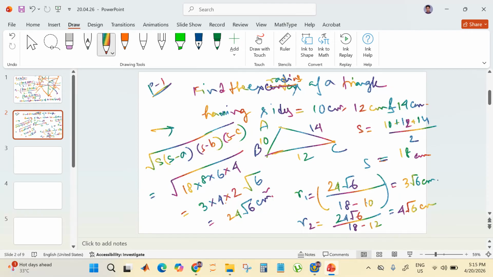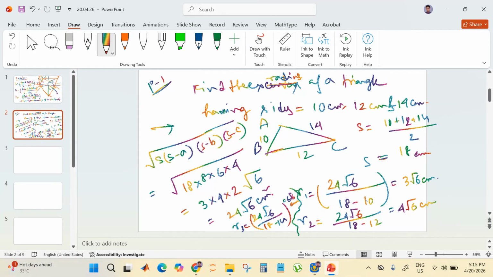And what is R3? R3 you can find 24 root 6 by 18 minus 14, that is 4, that is 6 root 6 centimeter. Okay, so R1 equals to 3 root 6, R2 equals to 4 root 6, and R3 equals to 6 root 6 centimeter. So these will be the exradii.